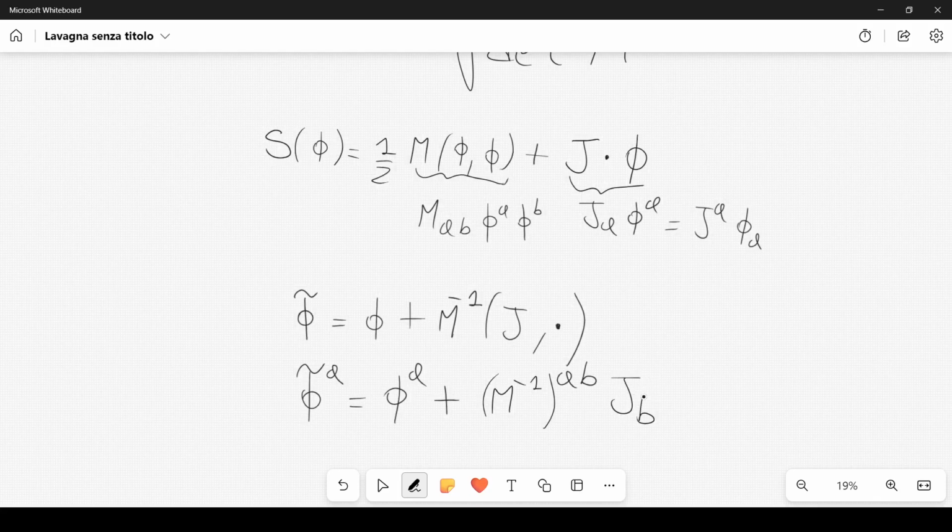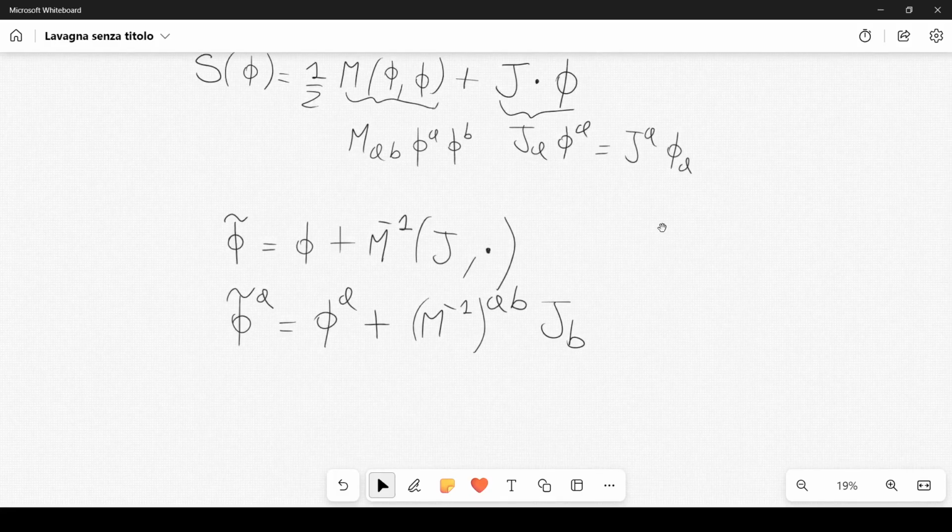So we have to sum over B. This is how you should interpret this notation here. Here we put a dot simply because we only have to sum over one of the two indices of the inverse matrix, which is symmetric, remember. So we can put B here and A there, or the other way around. It doesn't matter because this matrix is symmetric, just like M.